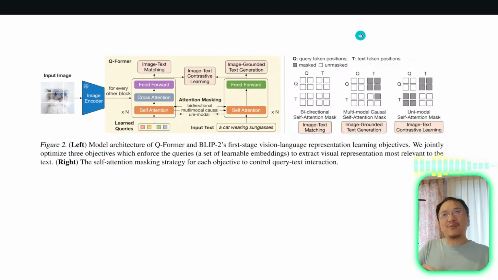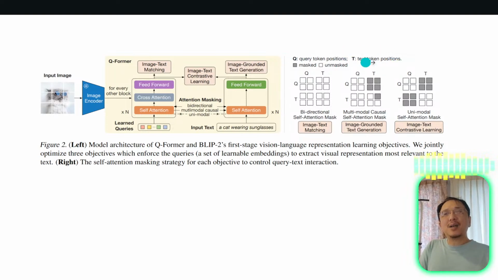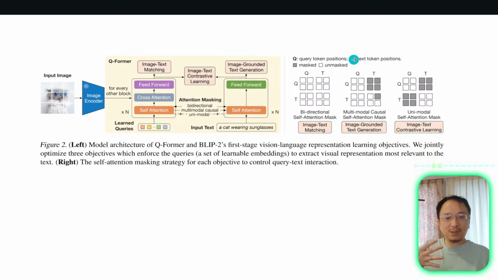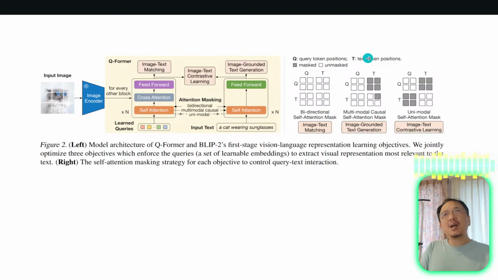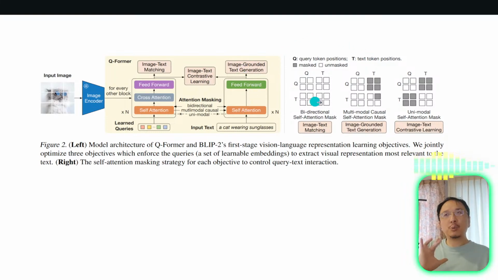What is a self? The self is the query tokens and text tokens all together. We concatenate them as a single self, feeling them as a whole self. Because for different tasks we only need to adjust the mask, other than that we can share everything. They simply have a different mask.